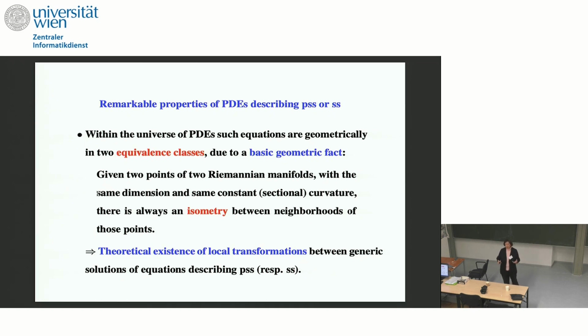So this means that in a sense, if you have two differential equations that describe pseudo-spherical surfaces, whose generic solutions define metrics of constant curvature, then theoretically there is a change of dependent and independent variables that should take a solution of one into the other. This is very theoretical, you know that it exists, but you cannot produce it. I mean, it's almost impossible. But this tells you that in the universe of so many partial differential equations, those are in a sense in an equivalence class.